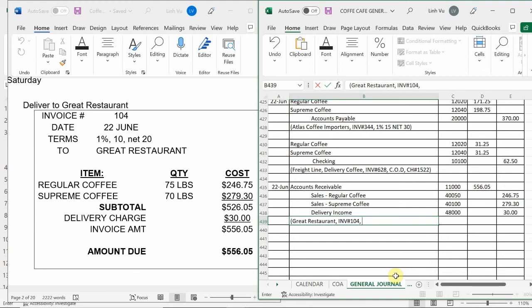Okay. Terms: 1%, 10 days, net 20. Okay. Next we would go to our ledger.